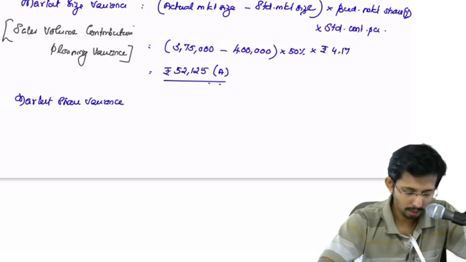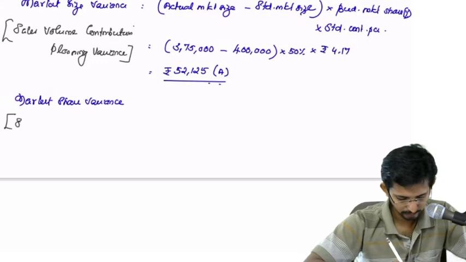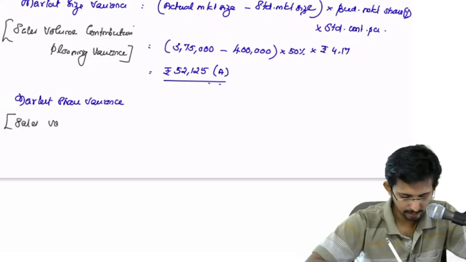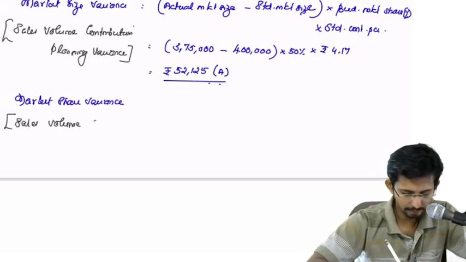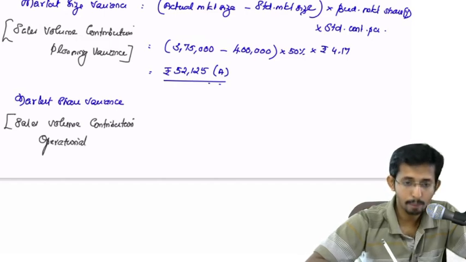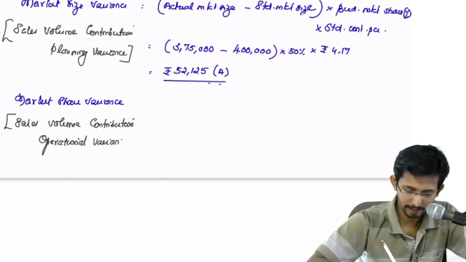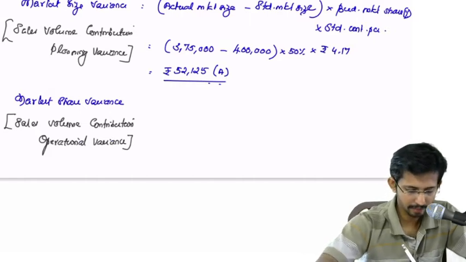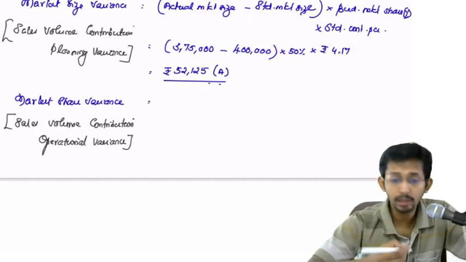So you can call it sales volume contribution operational variance. Okay, right. So what is the formula?